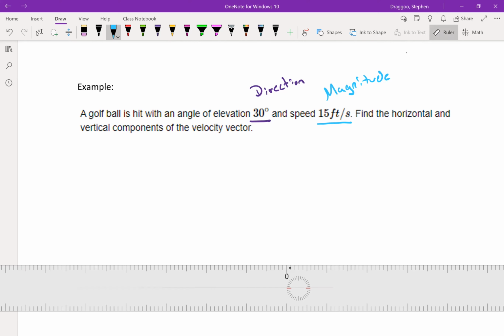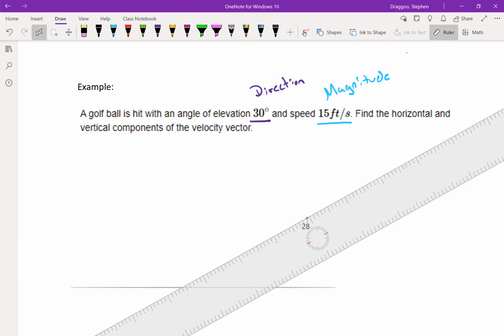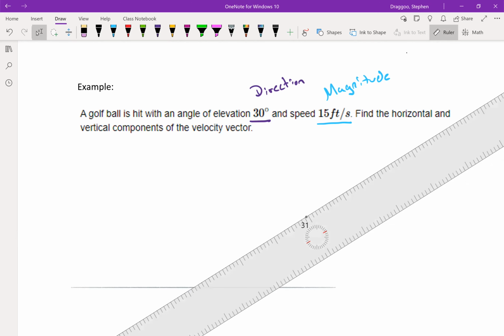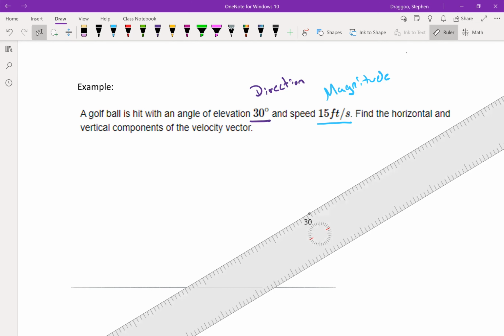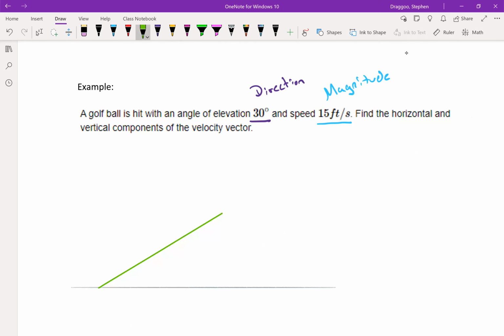So if we break this thing down, bring out our ruler, set it to 30 degrees. There we go. And then draw that vector. We should get this velocity. It has a length of 15.